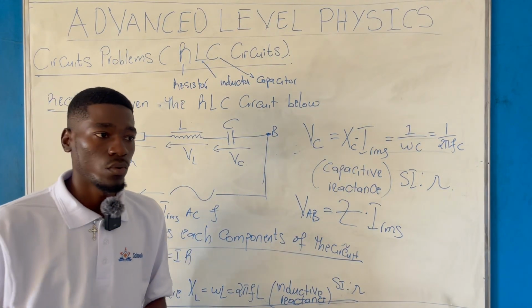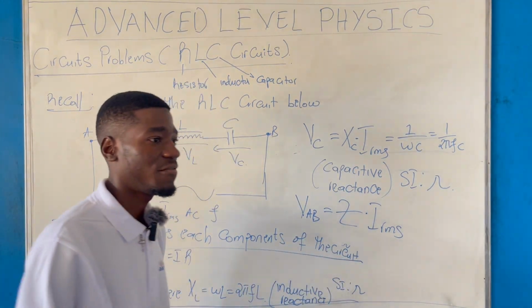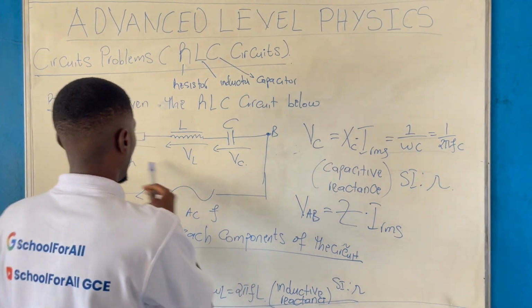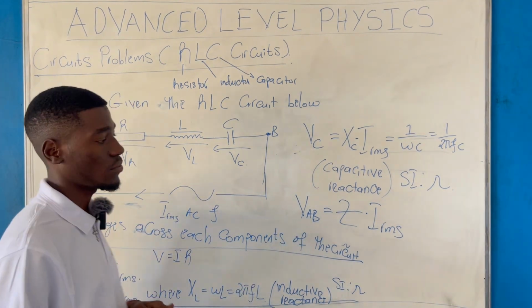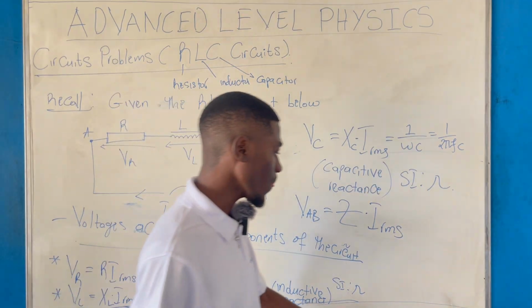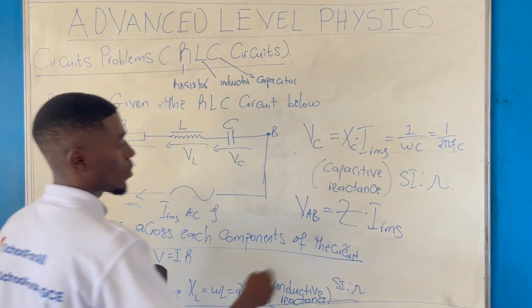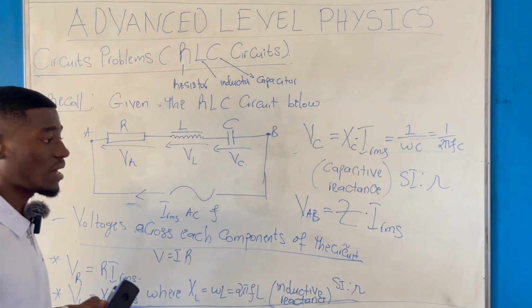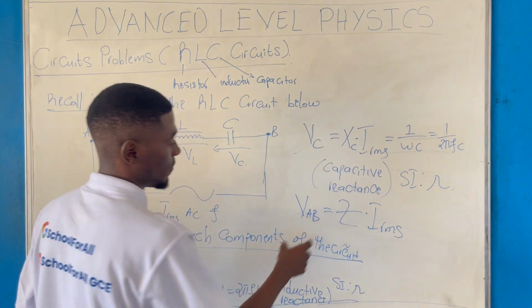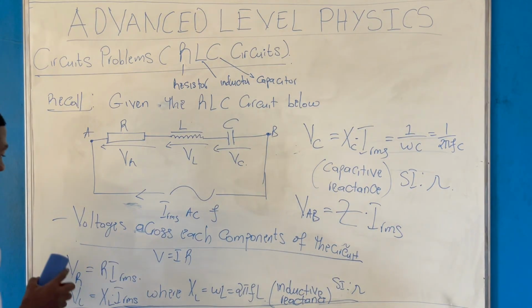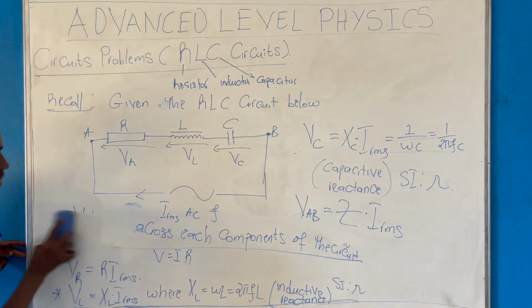No, it's a vectorial addition, or phasor addition, of all the resistances of the circuit. Now let us proceed with the phasor diagram. It's with the phasor diagram that we will come out with Z. Therefore, with Z you can find VAB.